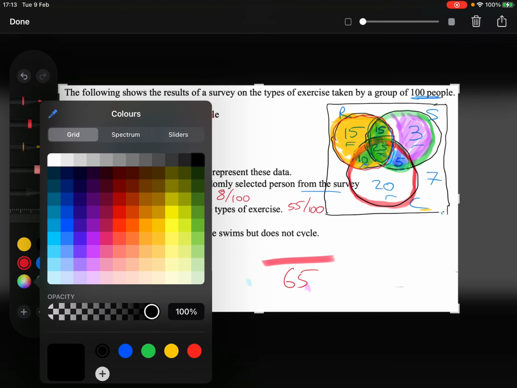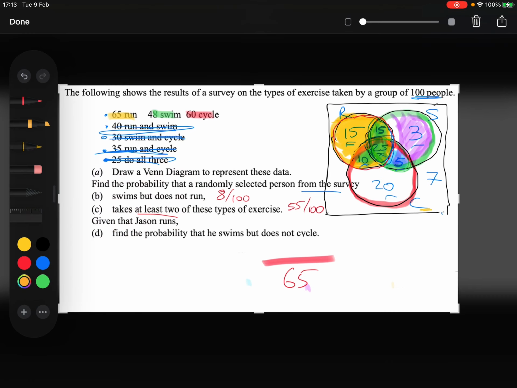The bit of the diagram that represents that is that 15 there. Let me just put a big ring around that. That is the bit of this circle where he swims but doesn't cycle. So there is a 15 out of 65 chance that Jason swims but does not cycle, given that he runs.